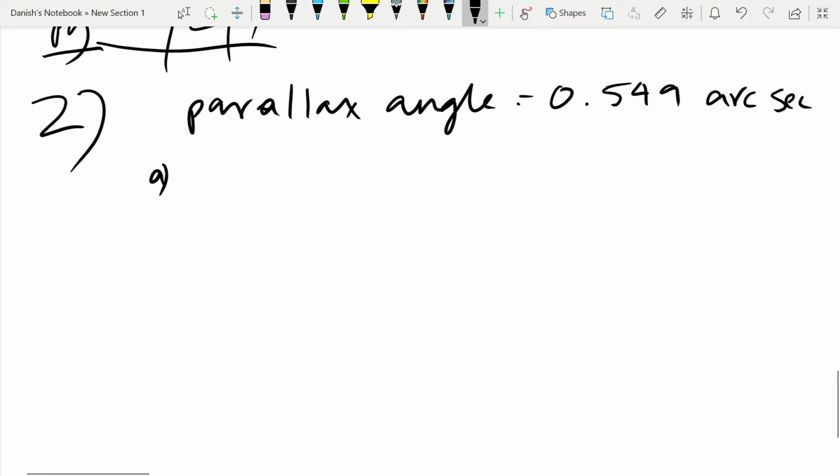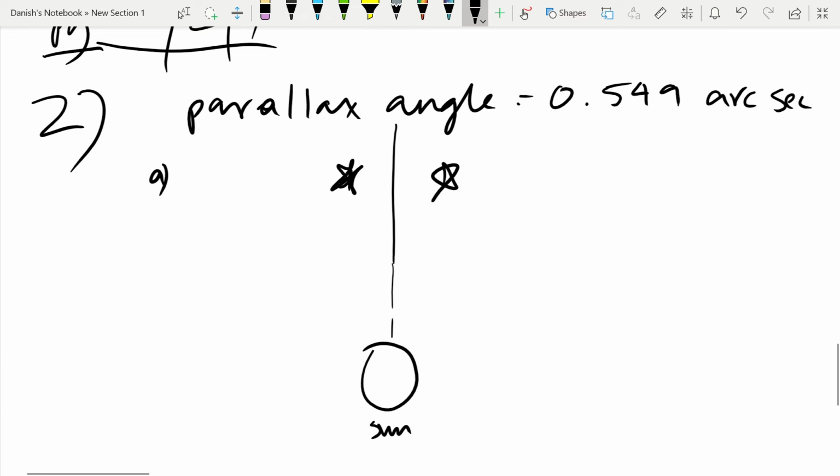So let's just say we have this star. It's the same star, but at 2 different times. We have the sun here, we have the Earth in orbit. The sun is centered with this, and we're measuring a distant star right here. So this is the Earth, and this is the Earth here after 6 months.